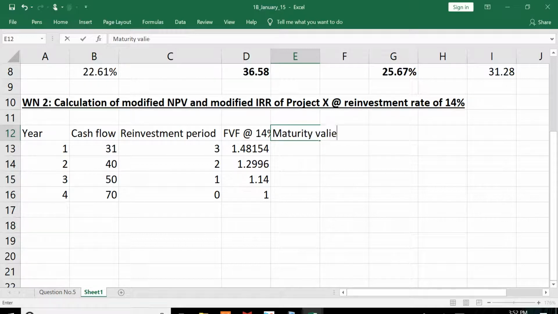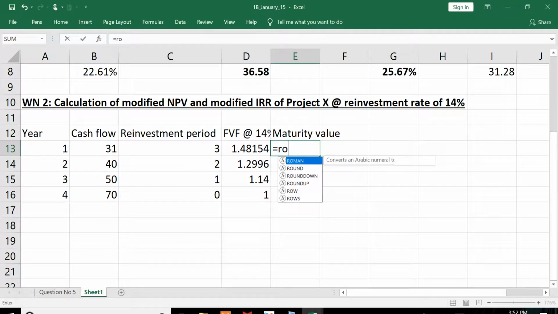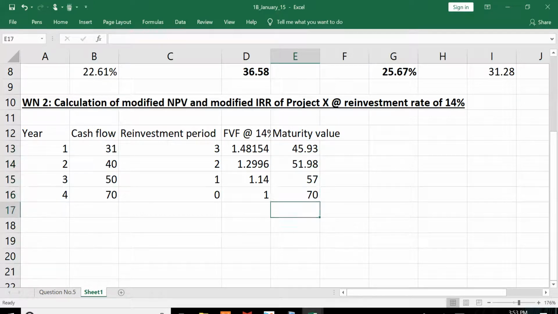Maturity value. Now, if I'm going to reinvest at 14%, I will invest 110 on day 0 and get back 224.91 after 4 years.